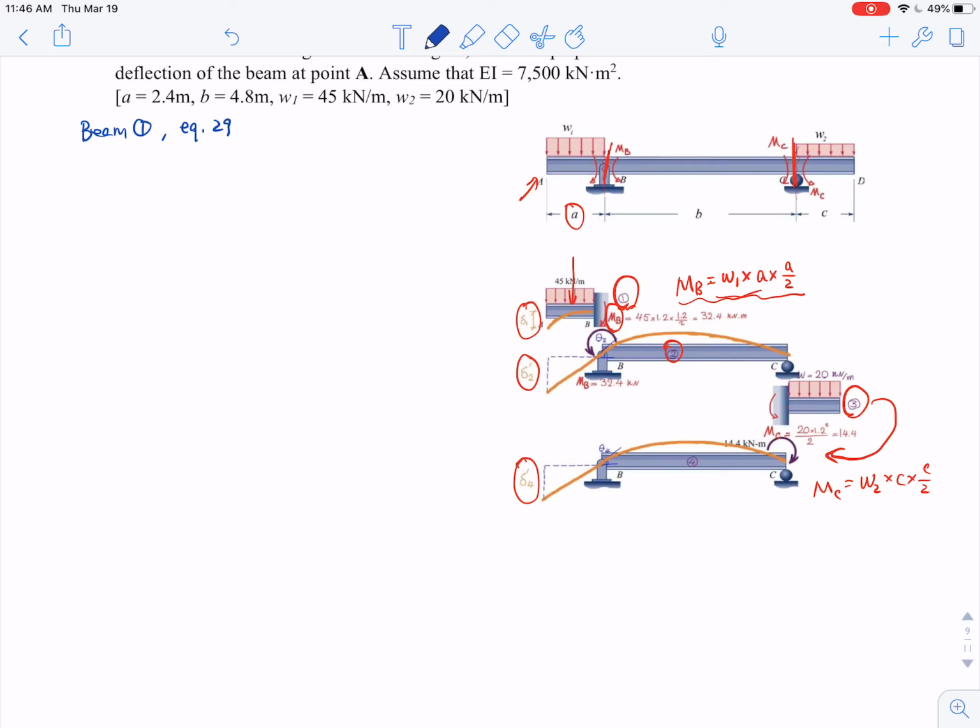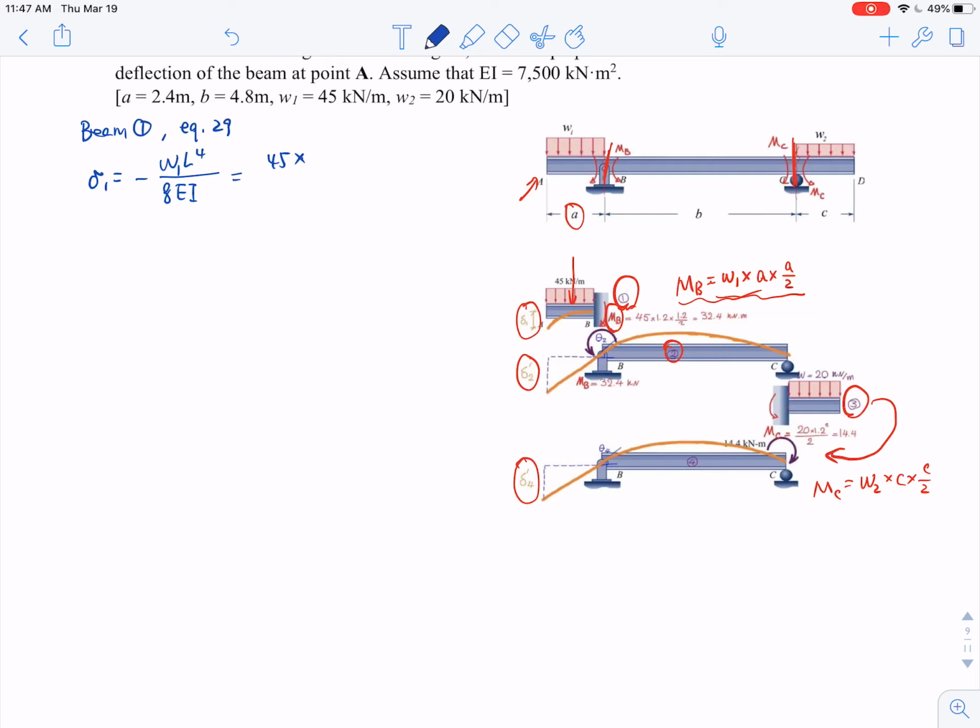So the delta 1 can be calculated as negative WL to the 4th over 8 EI. This is W1, 45, by the L here.